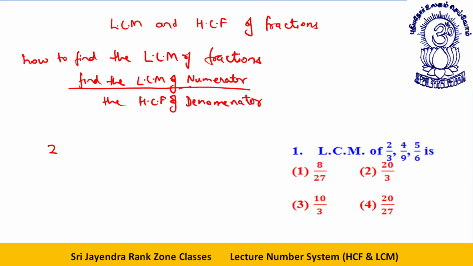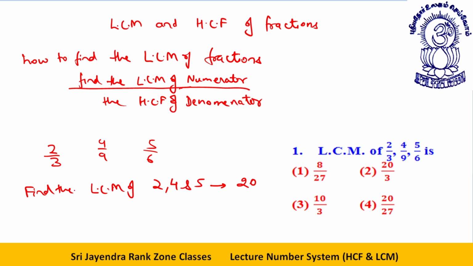Look, we are given 2 by 3, 4 by 9, 5 by 6. What we will be doing is find the LCM of 2, 4 and 5. Find a number which is divisible by all of 2, 4 and 5, and find the HCF of these numbers 3, 9 and 6.